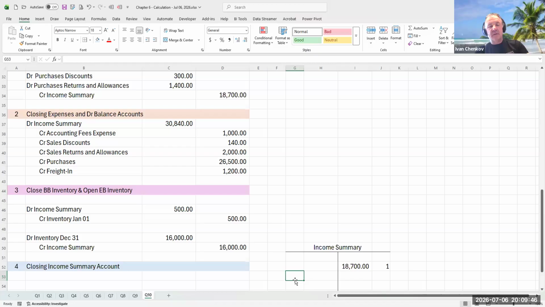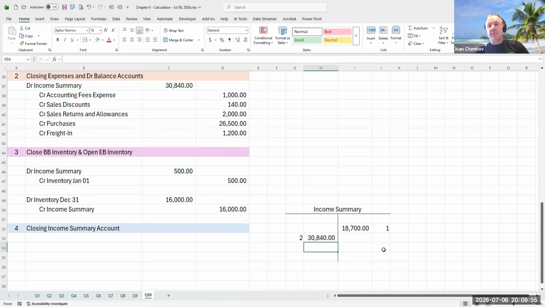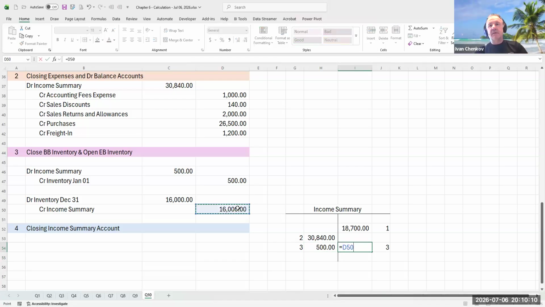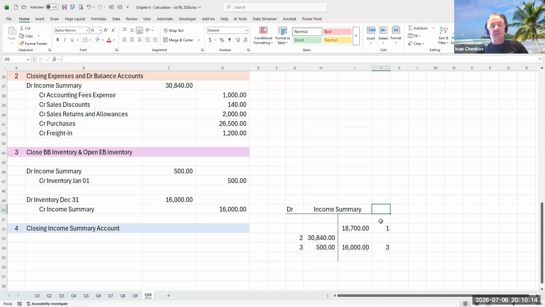From the second entry, I have an amount of $30,840. From the third entry, I have on both sides, first $500 on the debit side, and then $16,000 on the credit side. That's my debit, that's my credit.